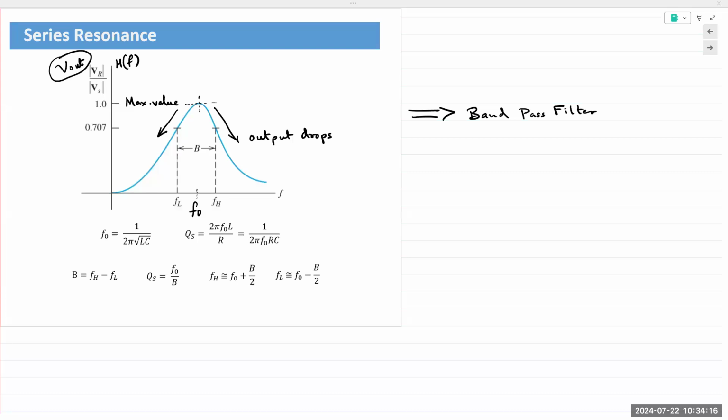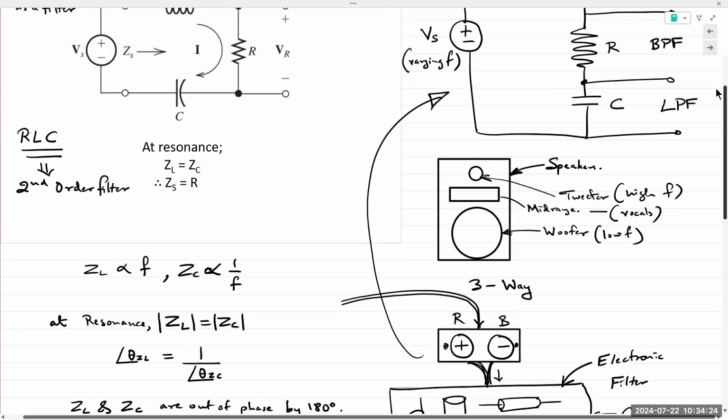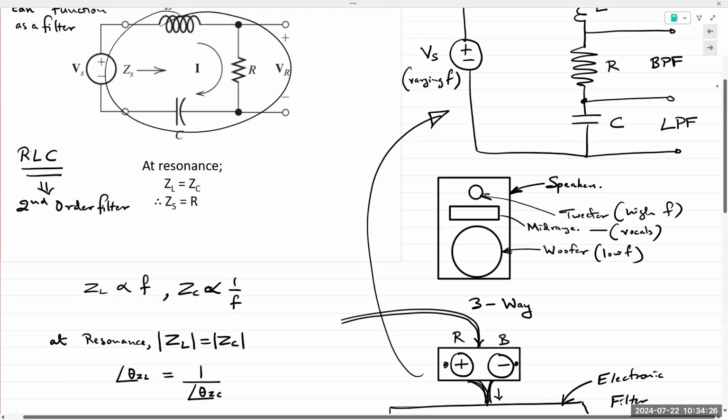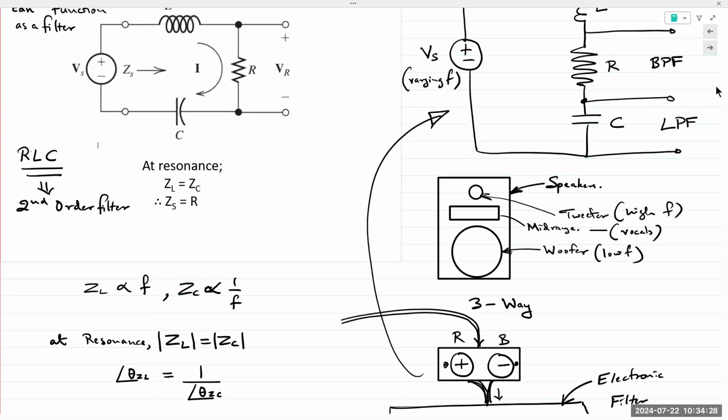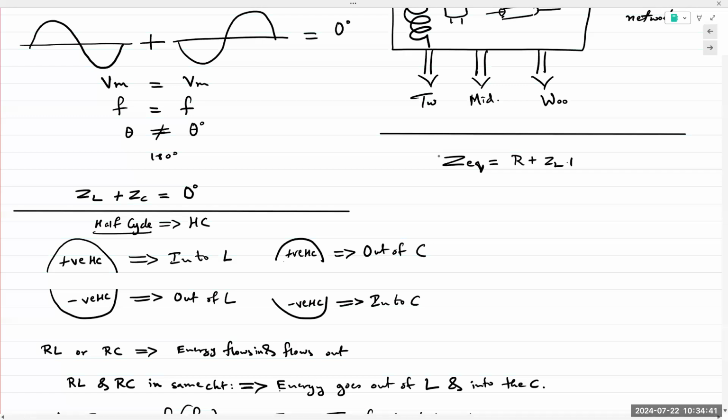Okay, so mathematically, let me show you what happens with the impedance. What is the ZEQ of the circuit, the total equivalent impedance of the circuit? It's in series. Three impedances in series add up exactly the same way as resistors in series. And so ZEQ is simply R plus ZL plus ZC.